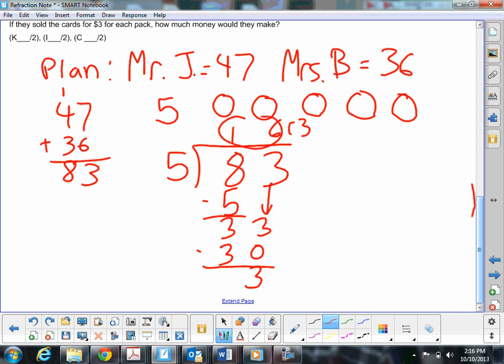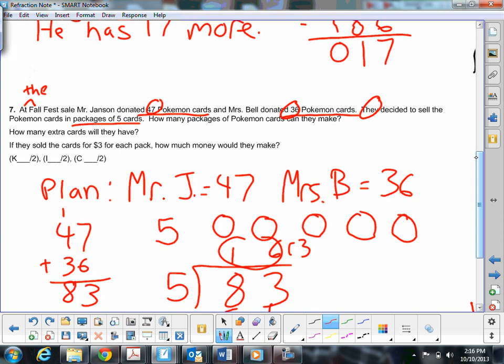So let's start looking at these questions here now. How many cards will they have in total? They have 83.